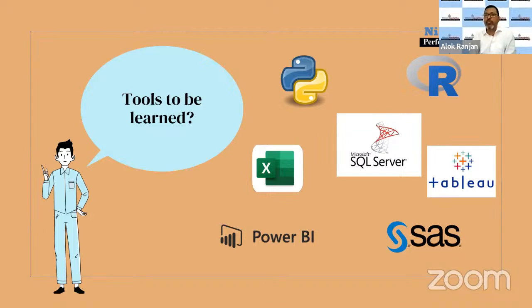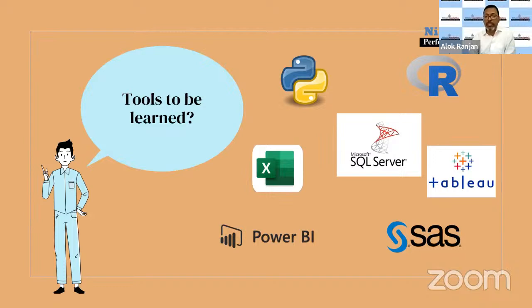Mostly supply chain and retail companies use R applications to perform advanced analytics calculations. And the last is graphical analysis. For graphical analysis, we use BI tools, business intelligence tools, such as Tableau and Power BI. Tableau and Power BI are similar kinds of tools which help you perform graphical analysis.